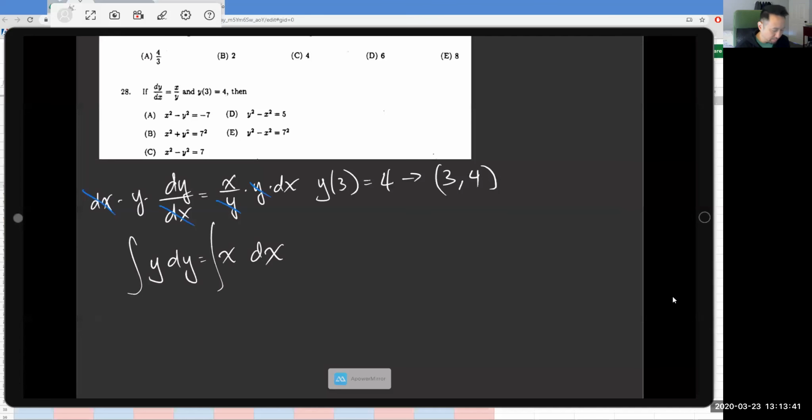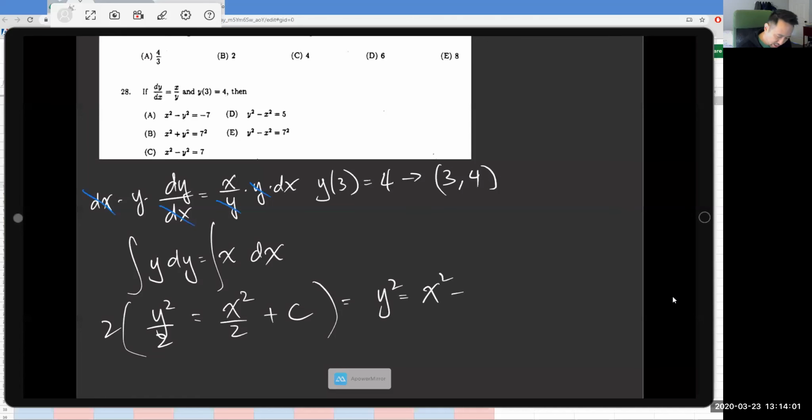So if I integrate both sides, I'm going to get y squared over 2, well, I don't need dy, equals x squared over 2, and then I'll have this plus c. You can get rid of your 2's now, like so. And then I'm going to get y squared equals x squared, and this is a 2c, but it's just another constant, so let's just put a c.